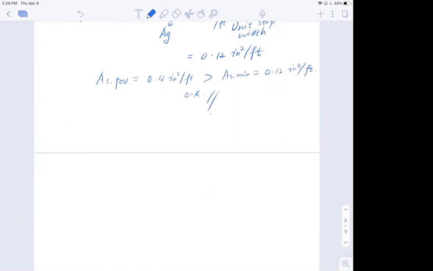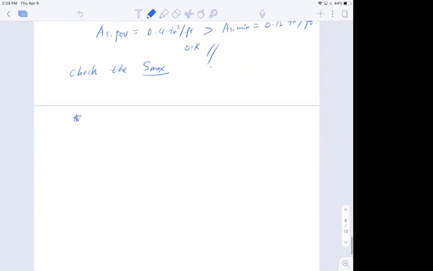But again, like we said, don't forget to check the As max spacing. For deflection control, you don't have to write this again in the exam, but you need to remember the equation.